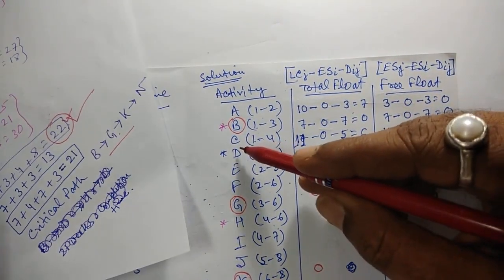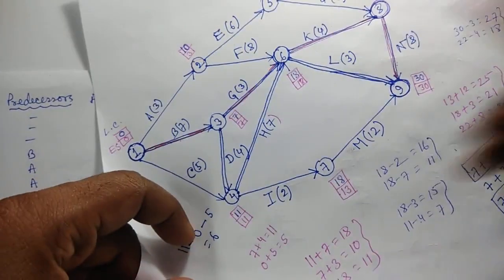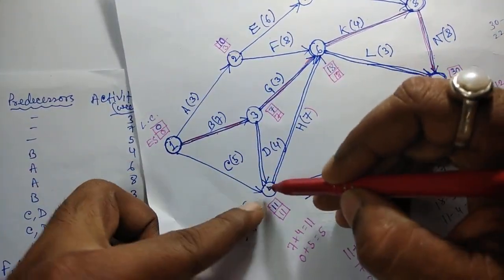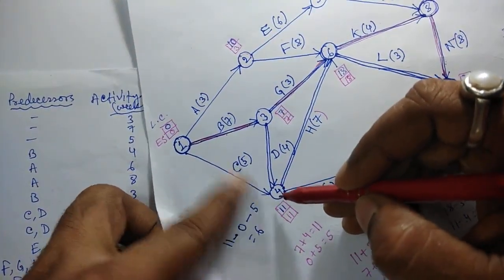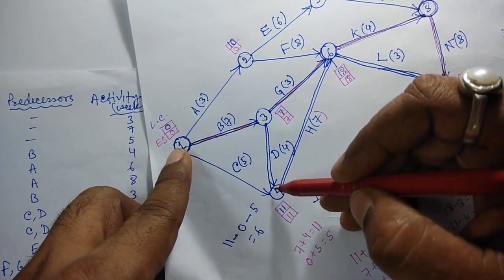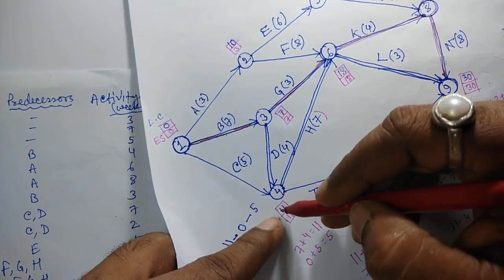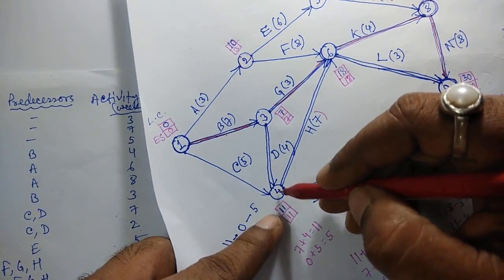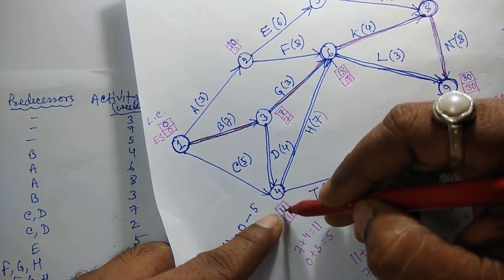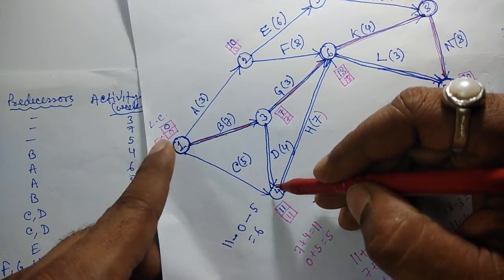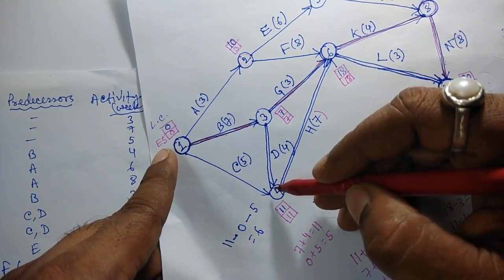For activity C, the ending node is 4 and the starting node is 1. So for total float, the latest completion time for the ending node is 11 and the earliest start time for the starting node is 0.